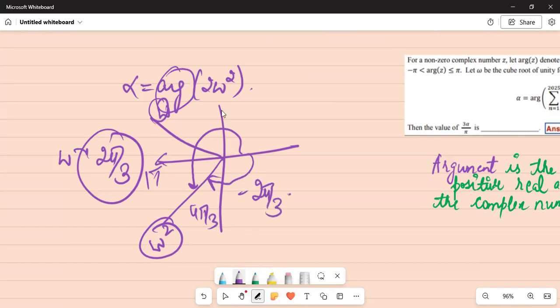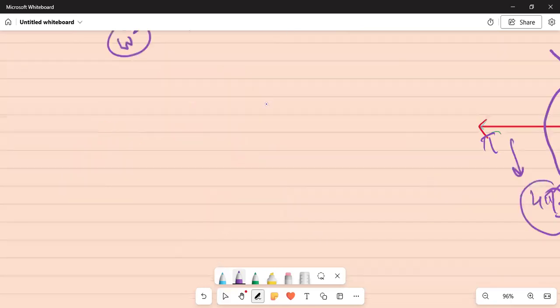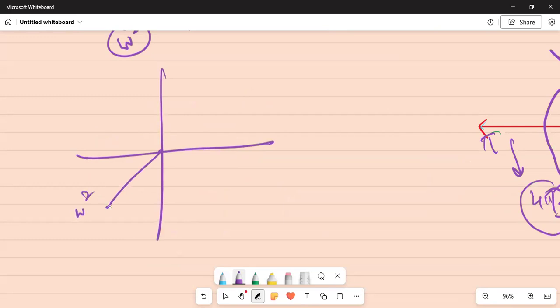And notice that multiplying any complex number with a positive real number is not going to affect the argument or the principal argument, because if you see it like this, for example, if omega square has this value, a plus iota b, then this is a and this is b. If you multiply it with 2 or any positive real number k greater than 0, it should be positive.